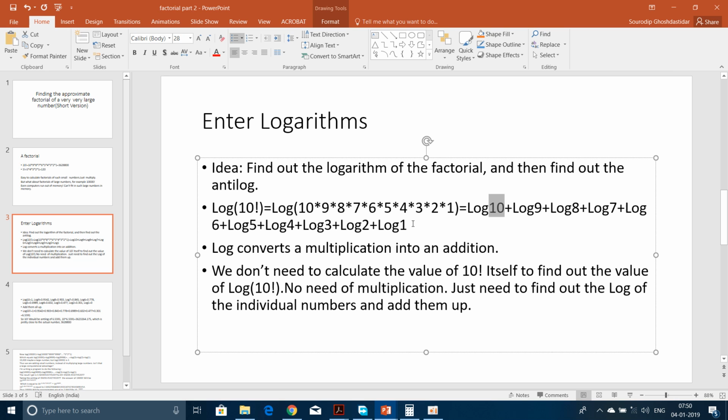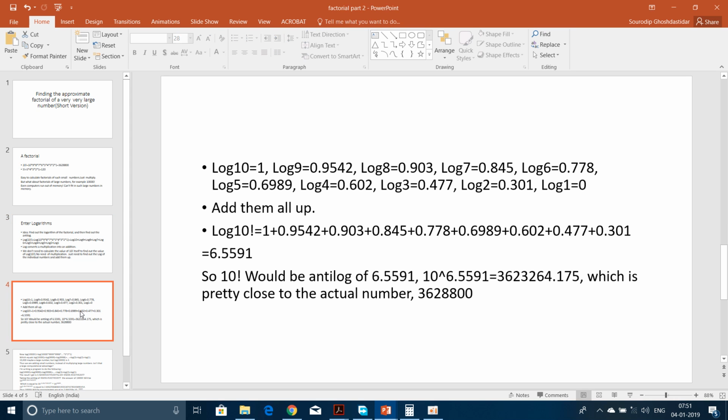And mind you, logarithms of numbers are much less than the original number. For example, log 10 is around 1, and 1 is much less than 10. So we don't need to calculate the value of 10 factorial itself to find the value of log 10 factorial. We just have to find the log of the individual numbers and add them up.